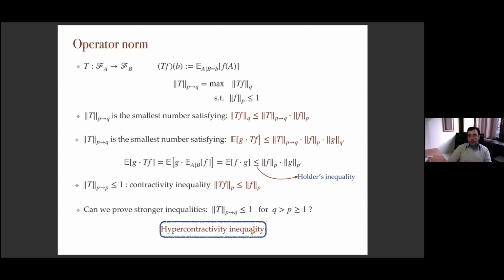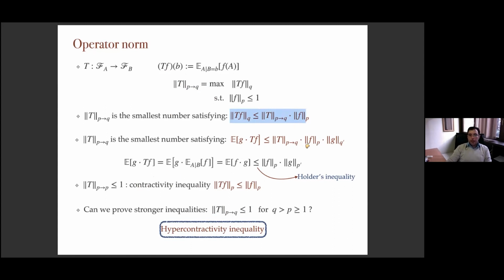Just because this is an important definition, let me review what I just told you. We have this T operator, this conditional expectation, and we are interested in the P to Q norm of this operator. This is the best number that I can put here to satisfy this inequality.